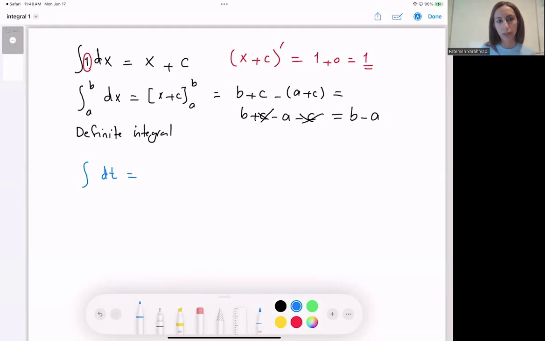The integral of dt, it says, hey, the function inside the integral is still 1, but now we are taking the integral with respect to variable t, which in turn is equal to t plus c.